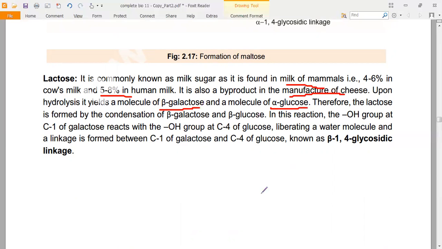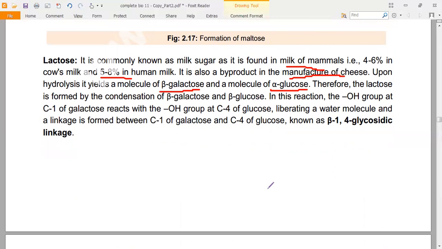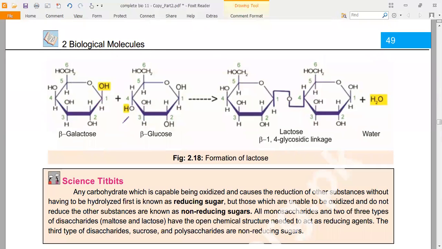So how it is done, we will see here. You can see that this is galactose and this is beta glucose. In that, this hydroxyl group is above the orientation, that's why it is called beta, and here it is also above the orientation, so that's why it is called beta glucose.